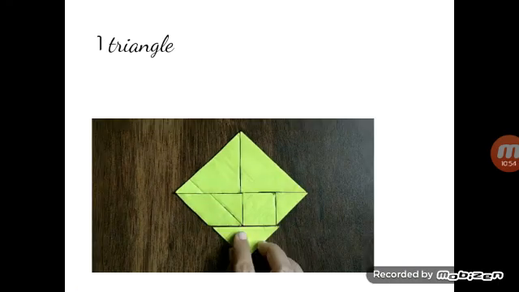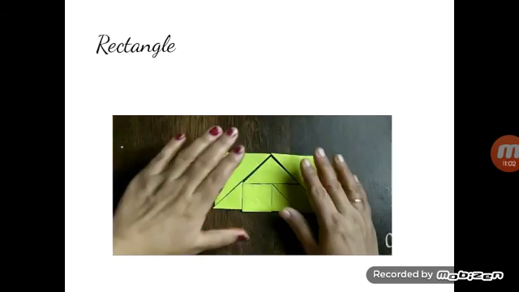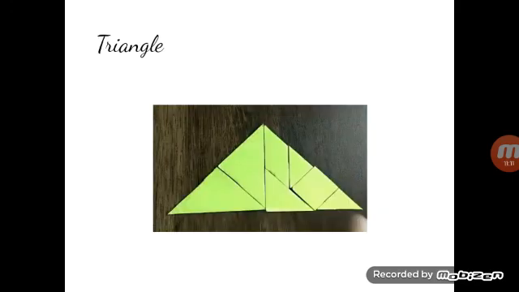Join them. What have you got? This is the one triangle, and here you have got a full square. Now you have to arrange a rectangle in the same way with the 7 pieces of tangram. Here we made a triangle with those 7 pieces of tangram.